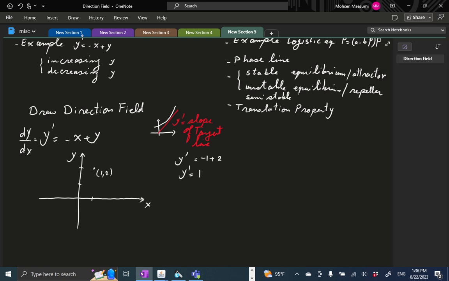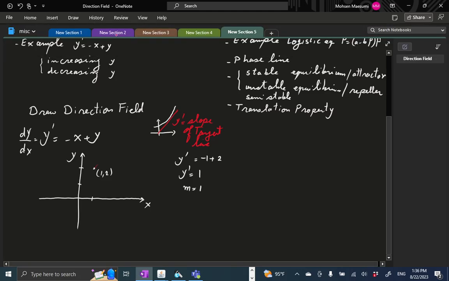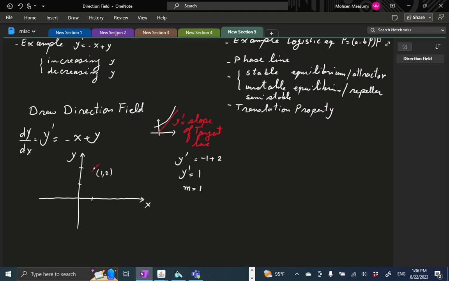Well, you remember from your calculus that sometimes they use the letter m for the slope. So what is meant here is that whatever that function is, at this point it has slope 1. Well, what does a slope of 1 look like? Slope 1 looks like a line going at about 45 degrees.